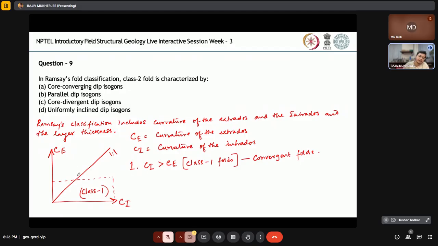Option 2 will be this 1:1 line, which is also class 2 folds, which means Ci is equal to Ca.